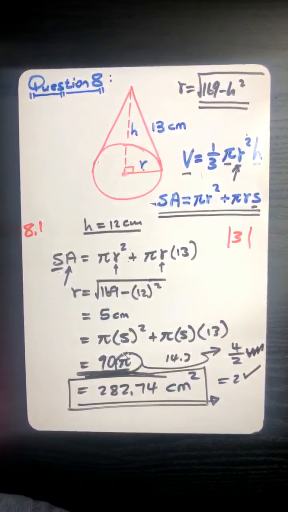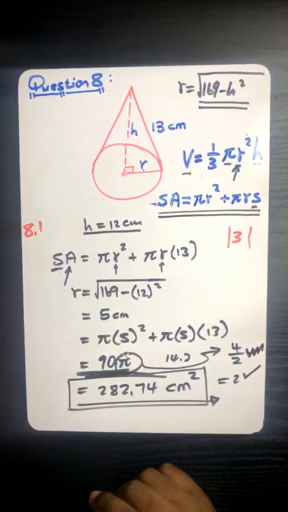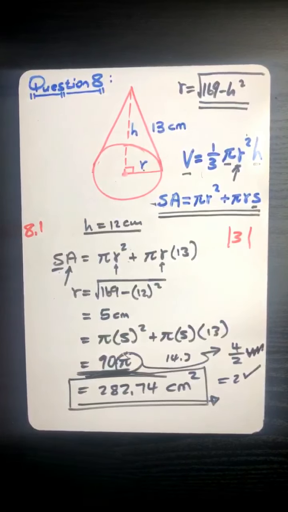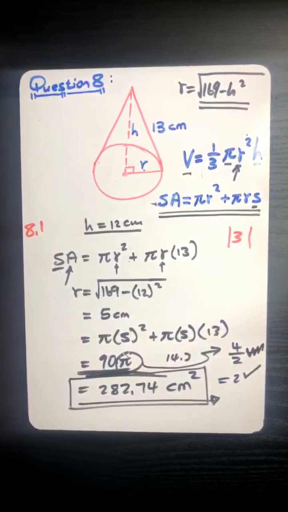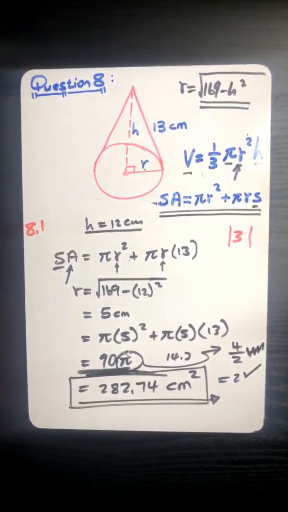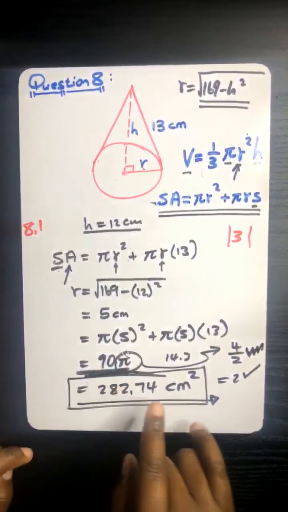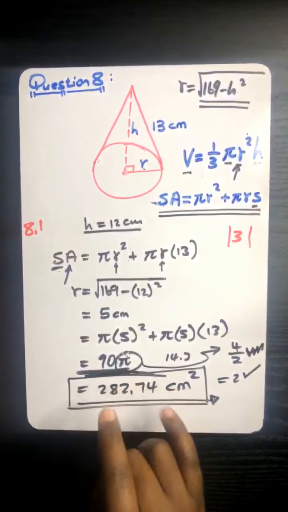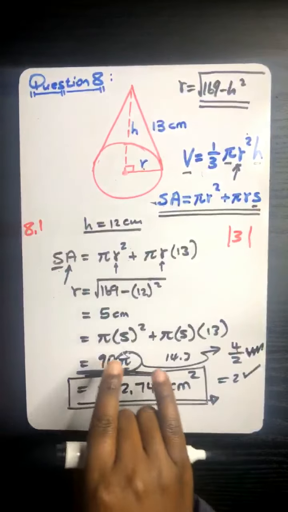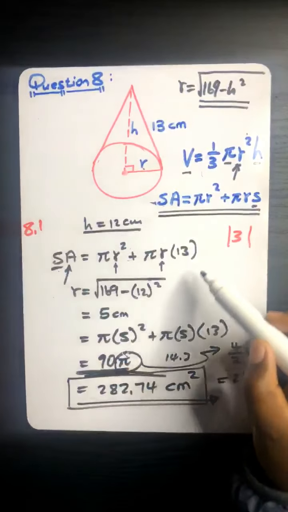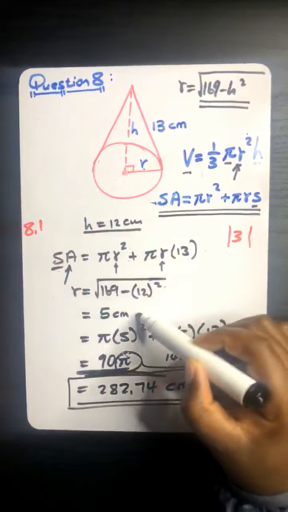Surface area is equal to pi r squared plus pi r l, where r is equal to 169 minus 12. How did you get it? Let's say this is step 1, 2, 3, 4.